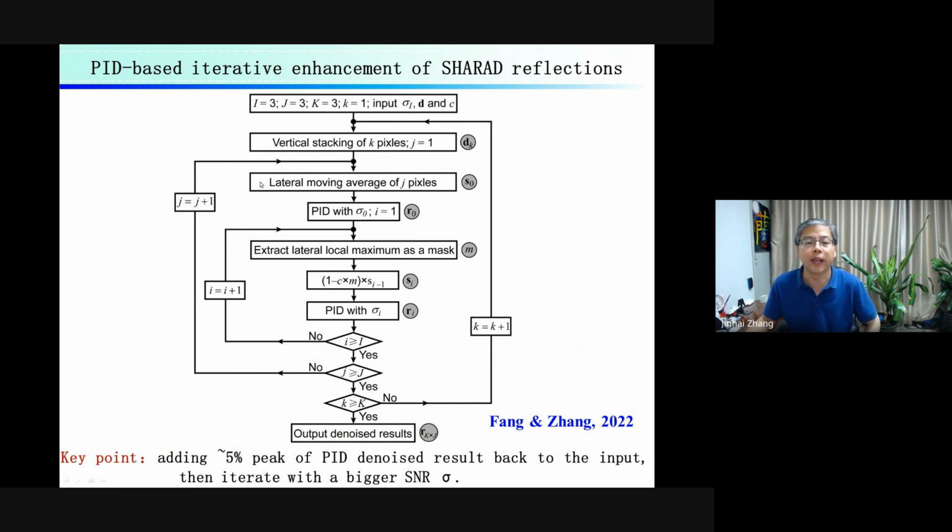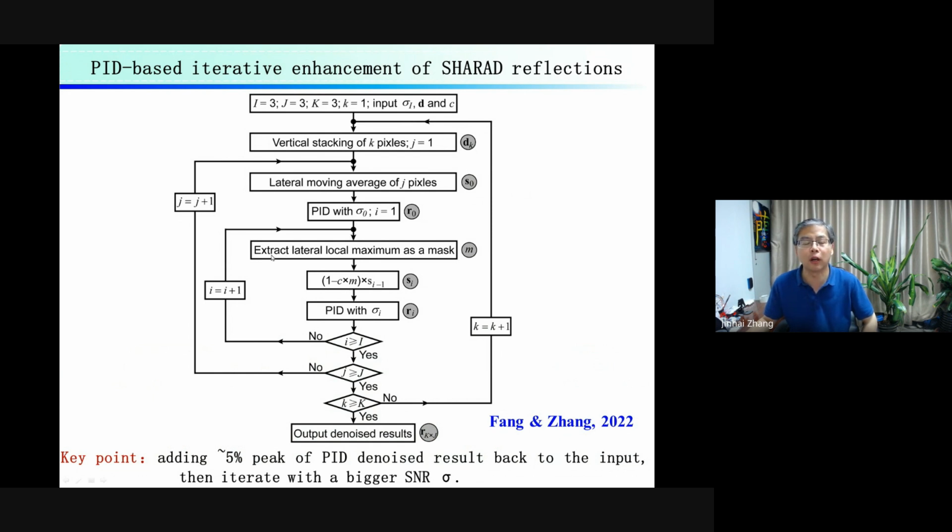In this way, we can also perform some lateral moving average among 3 or 2 pixels. After that, we can perform the PID processing using the initial noise level. After that, we can obtain the first denoised data.